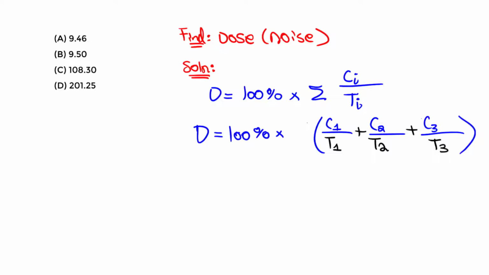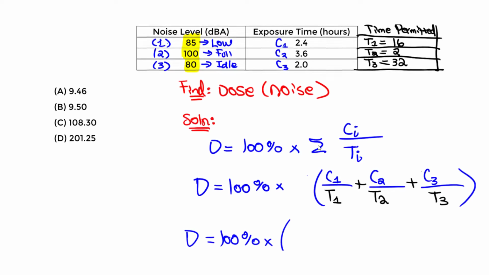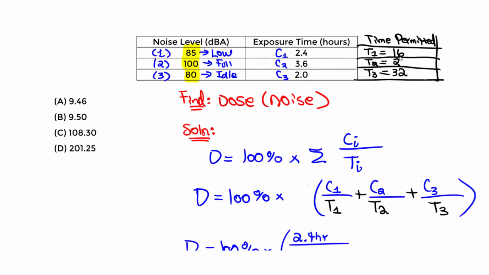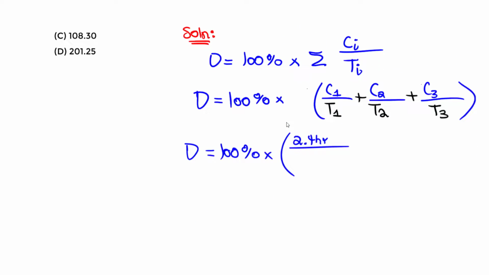So now let's plug everything in. D equals 100% times C1. C1 is going to be the 2.4, right? We put 2.4. T1 is going to be the value we got for 16, right? Again, I got this from the table for 85. So that's going to be 16.